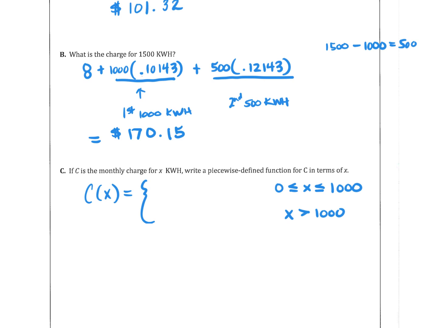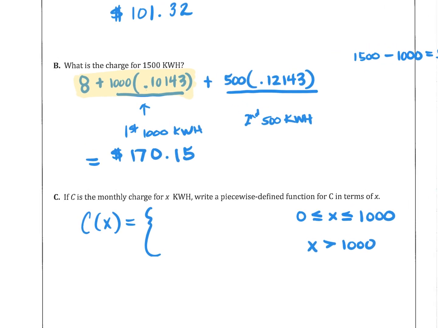Now, we are going to model. I'm going to show you how we write this. This really represents the first 1,000, doesn't it? Would you agree? So let's use this and write it. This is going to be 8 plus 0.10143 times X, is it not?